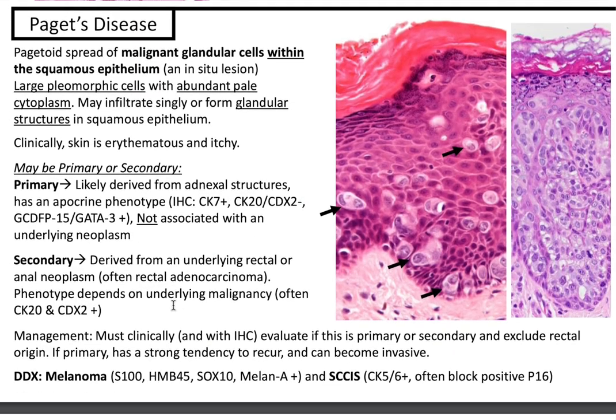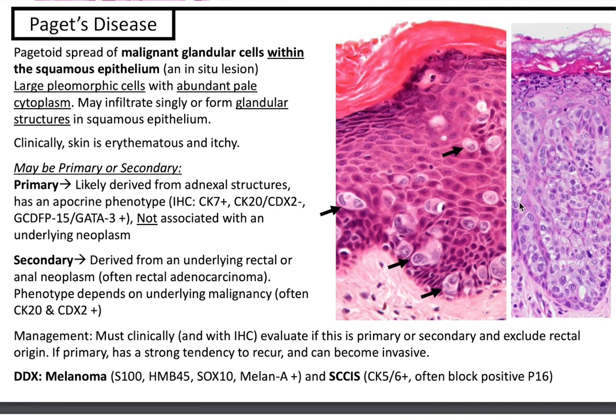Paget disease. This is pagetoid spread of malignant glandular cells within the squamous epithelium, an in situ lesion. You'll have large pleomorphic cells with abundant pale cytoplasm. It may infiltrate singly or form glandular structures in squamous epithelium. Clinically, the skin is erythematous and itchy.